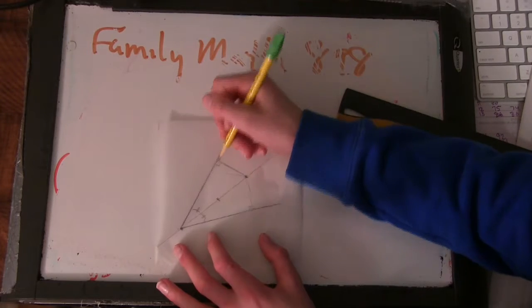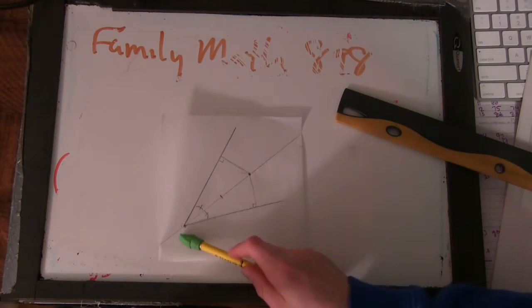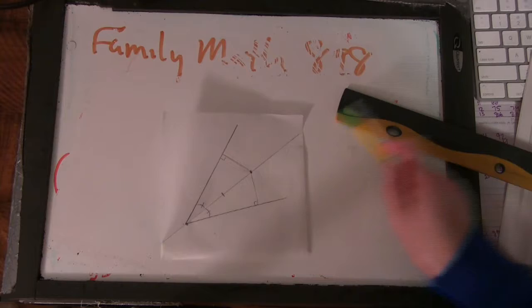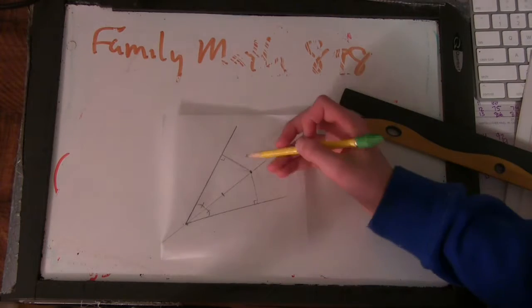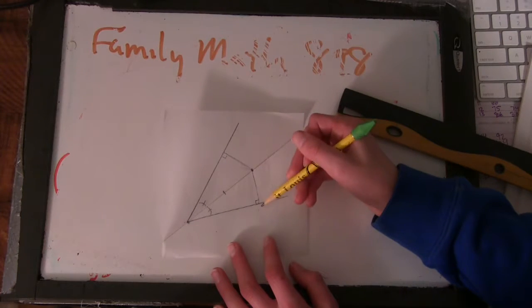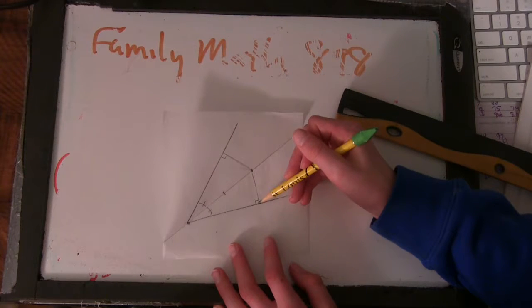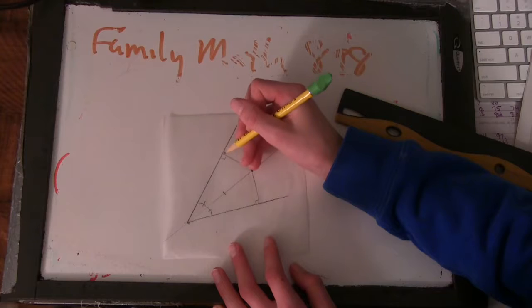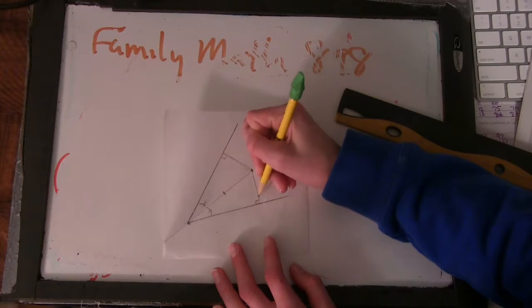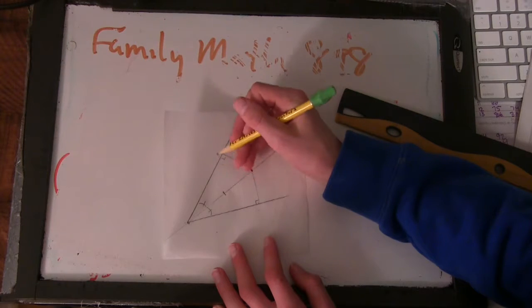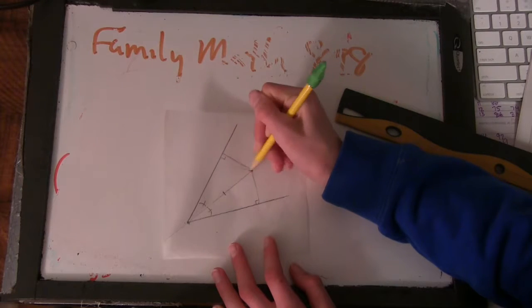Okay, how do we know that? Well, we know we have the angle bisector. So it's the same distance from the sides of the triangle. Yeah, that's what I'm asking.